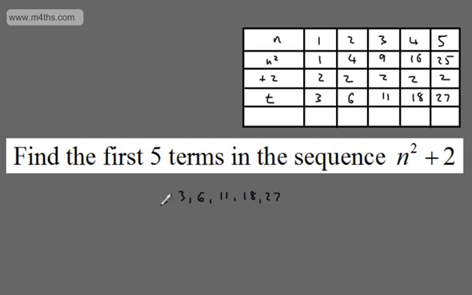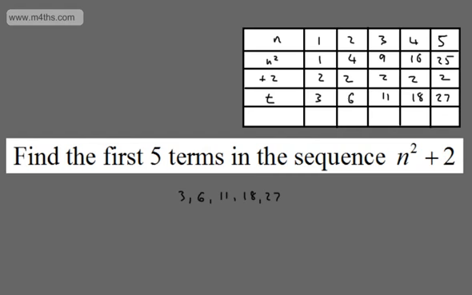That's a case where we generate a sequence given this quadratic expression. It's quadratic as we have an n squared term. Linear, we would just have n, or 3n, 5n, and then some other value. It's quadratic because we've got the n squared.